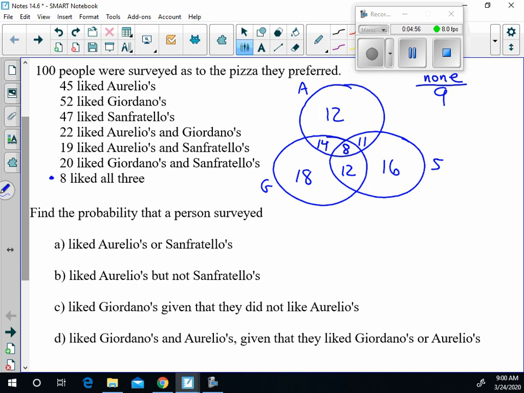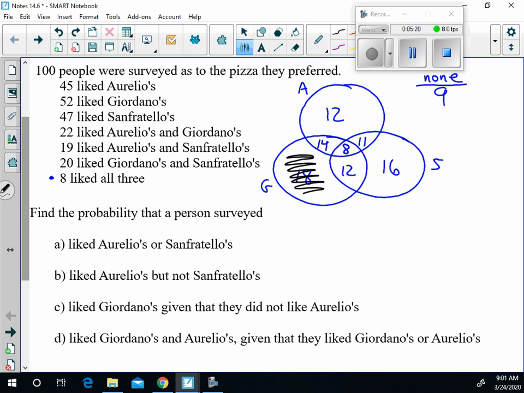Okay, first one, liked Aurelio's or San Fratello's? So what I like to do is look at all the bubbles, and I basically need to cover up the 18. For right now, I'm just going to cover that up, because those people don't like Aurelio's or San Fratello's.